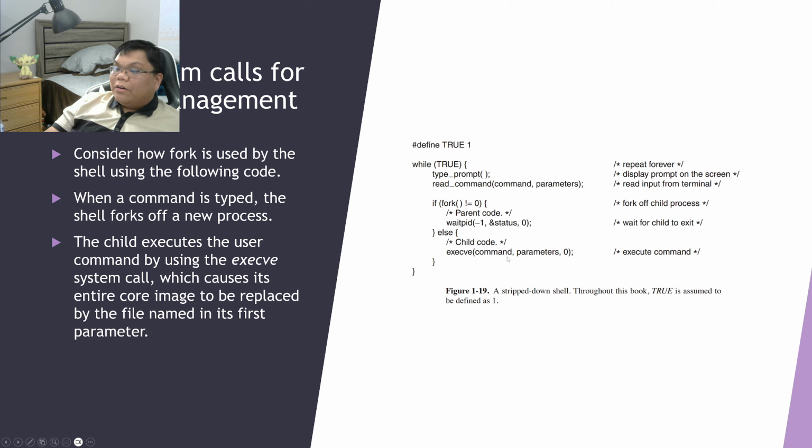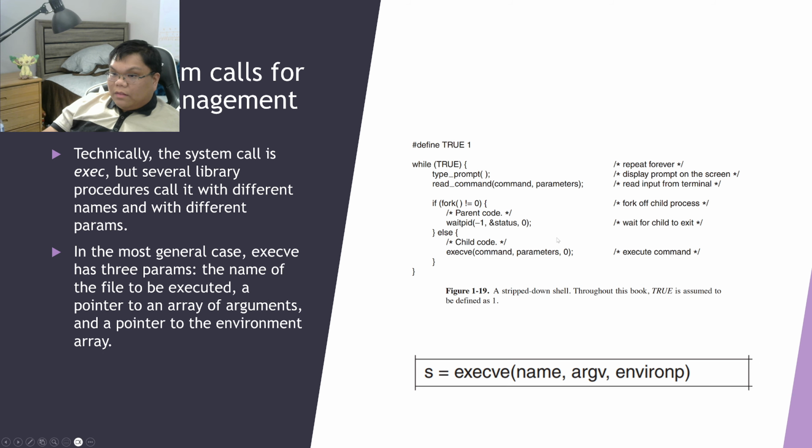So command here, that's going to be your command that was typed in by the user. Technically the system call is exec, but several library procedures call it with different names and with different parameters. In the most general case, execve has 3 parameters: the name of the file to be executed, a pointer to an array of arguments, and a pointer to something called the environment array.